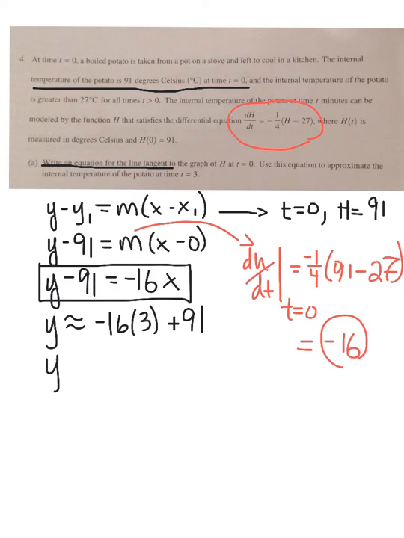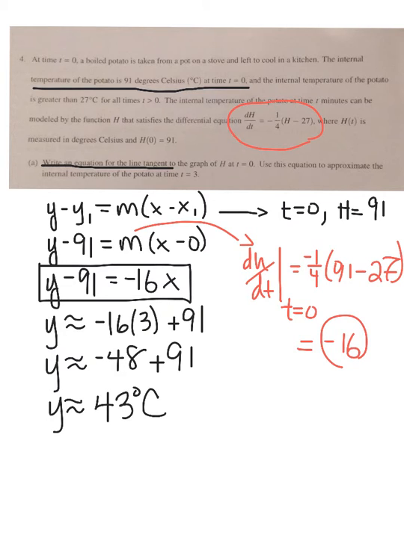And remember, this is non-calculator, so no cheating, you guys. And you're going to plug that in, so that's going to be -48 plus 91. So then y is approximately 43 degrees Celsius. So use this equation to approximate the internal temperature of the potato at time 3. So this would be my H of 3.